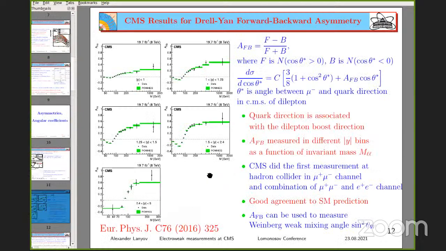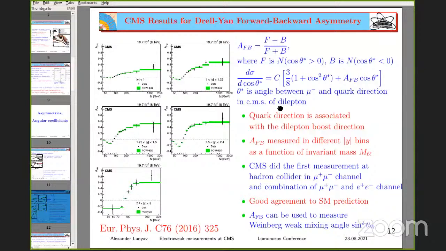Okay, and the result of CMS at 8 TeV is presented here. This is the definition of AFB, which is the ratio of the difference F minus B and the sum F plus B, where F and B are the numbers of events with positive and negative cosine theta star, where theta star is defined as the angle between the mu minus and the quark direction in the CM frame of the dilepton.